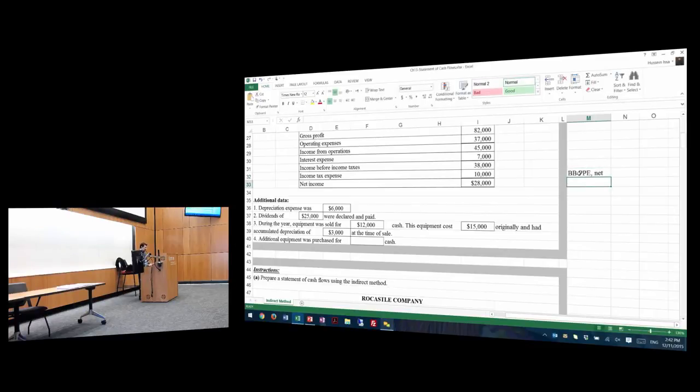During the year, what do you have? Plus purchases. Add purchases. Then what do you subtract? Property and equipment. You subtract depreciation. But before that, we'll have purchases and then what?